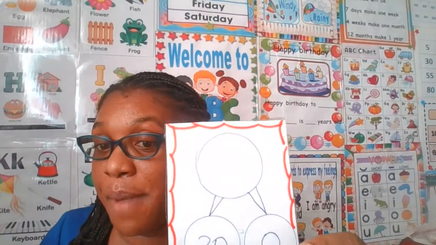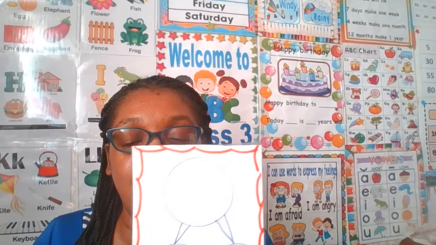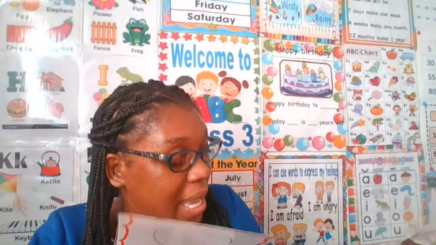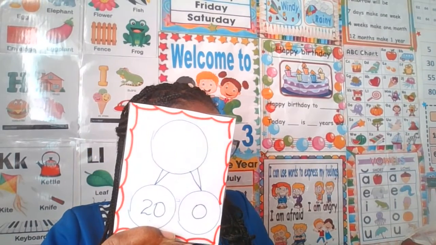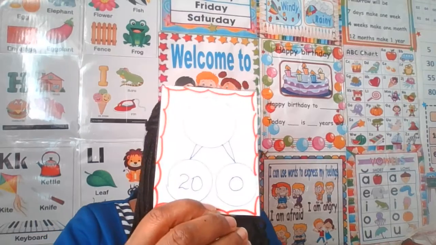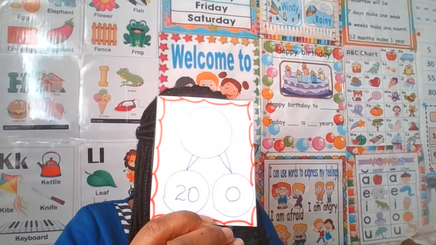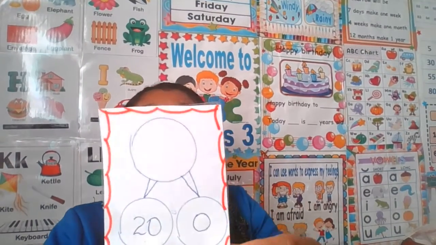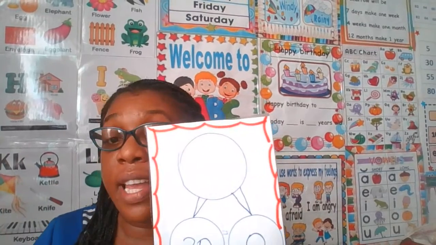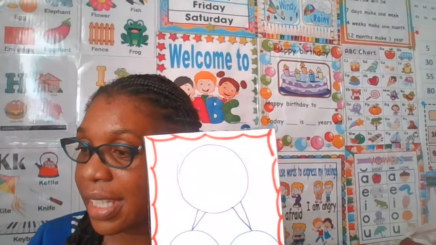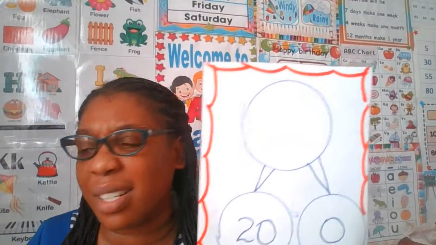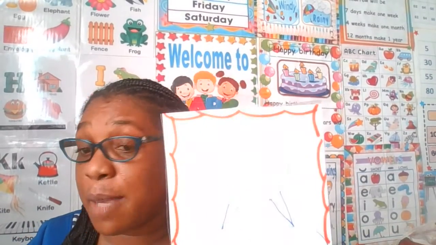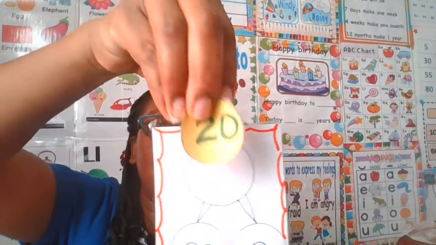Number bonds, number bonds. I know my number bonds, that make 20. 20 plus 0 is equal to 20.